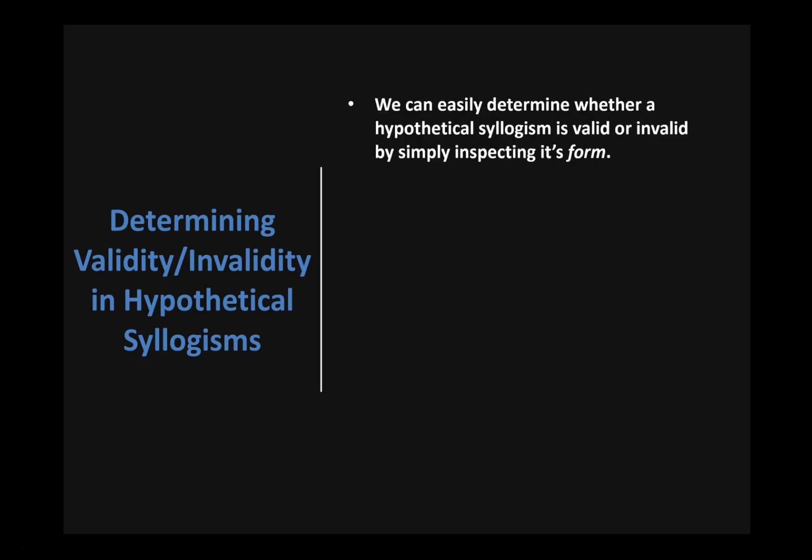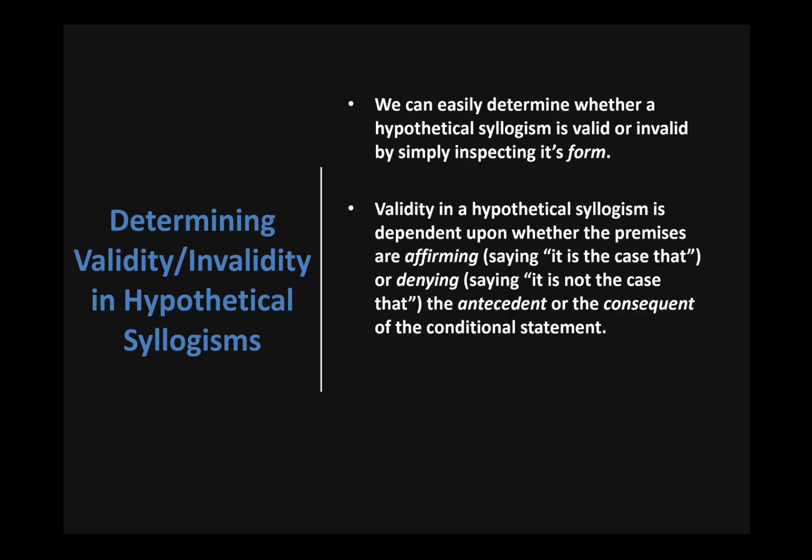Now, we can easily determine whether a hypothetical syllogism is valid or invalid by simply inspecting its form, like I said before, right? So hang with me for this. Validity in a hypothetical syllogism is dependent upon whether the premise or the premises are affirming or denying the antecedent or the consequent of the conditional statement. Now, that seems a little complex, right?